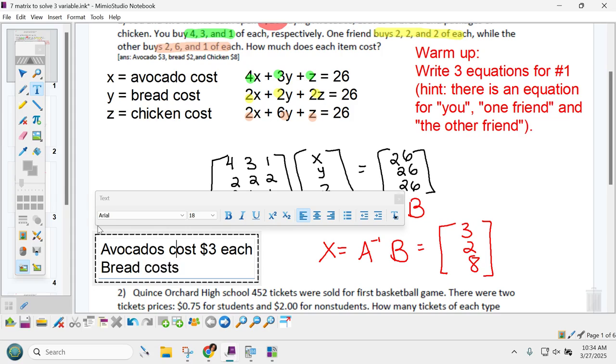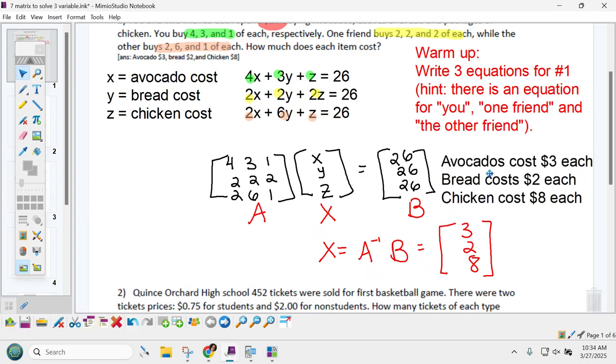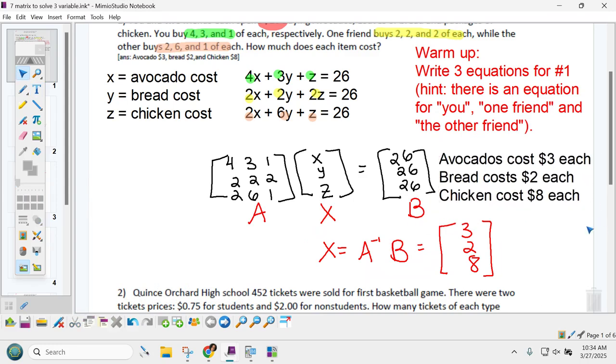Bread costs $2 each. And chicken costs $8 each. So your final answer needs to be in words about what your question is answering.